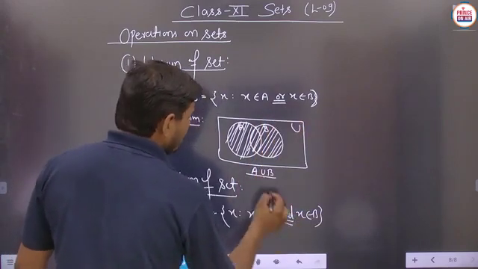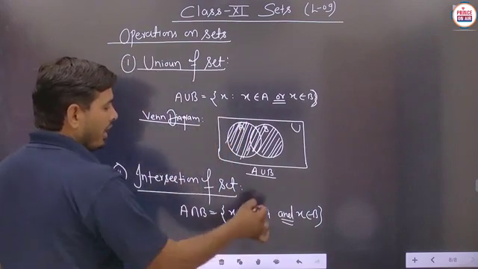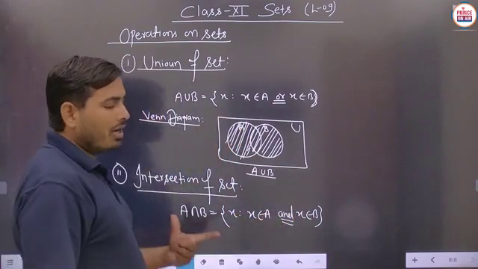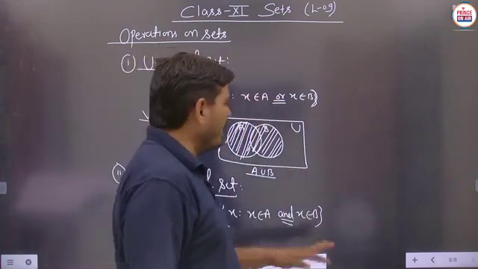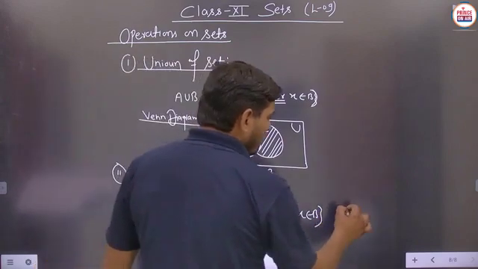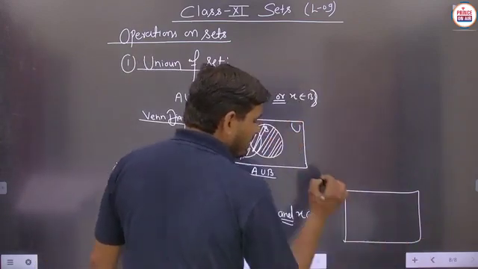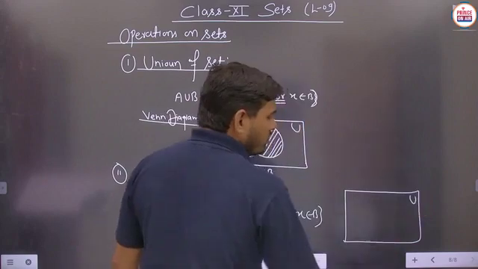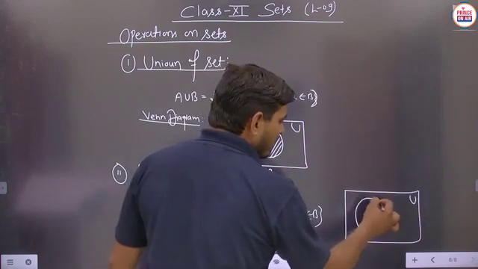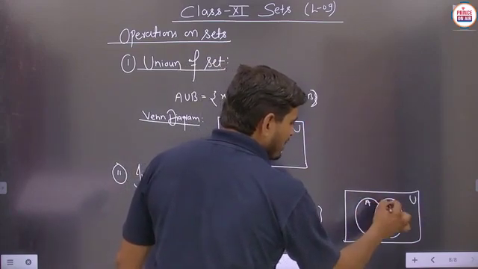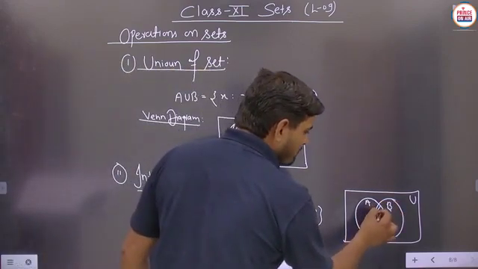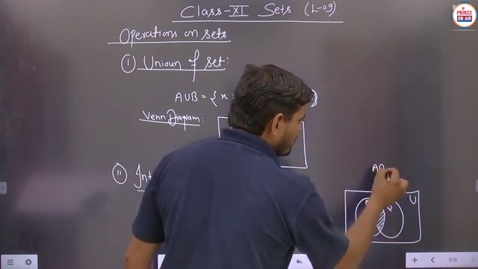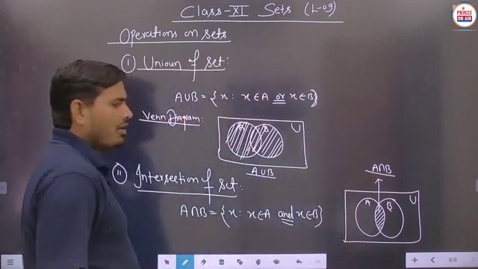Or means union, you remember this, and and means you have to take the common elements. Suppose we make the Venn diagram for the intersection operation: this is the universal set, this is set A and this is set B. The intersection operation specifies only the common part of A and B, so it is declared as A intersection B.